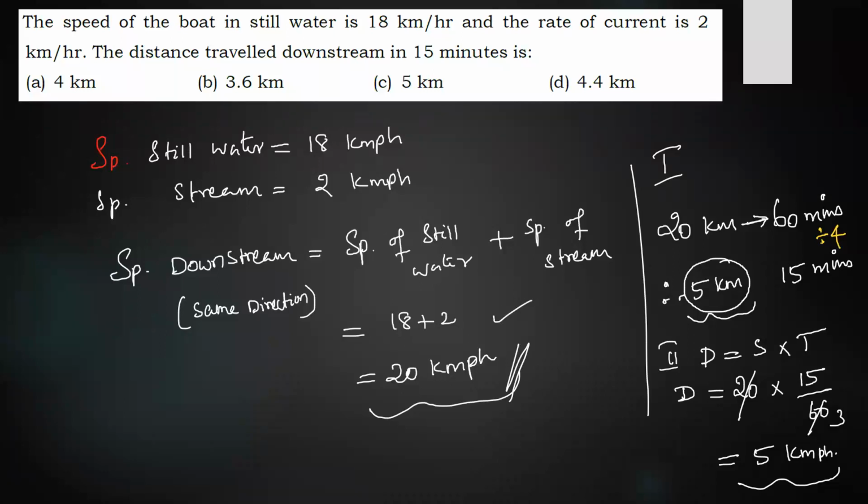So 18 plus 2 is 20 km per hour. You can use any method. If you want to find a distance, apply the formula speed into time. We know the speed is 20 km per hour and the time is 15 minutes, so I'm converting minutes into hours: 15 by 60. Is it clear?